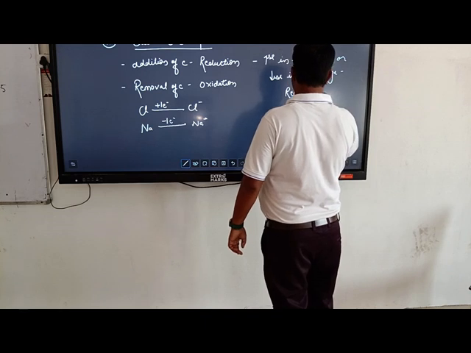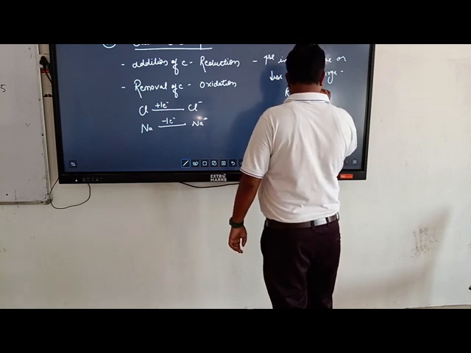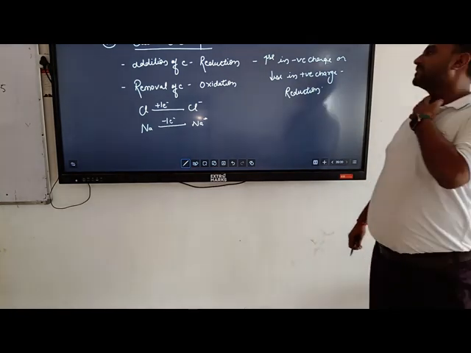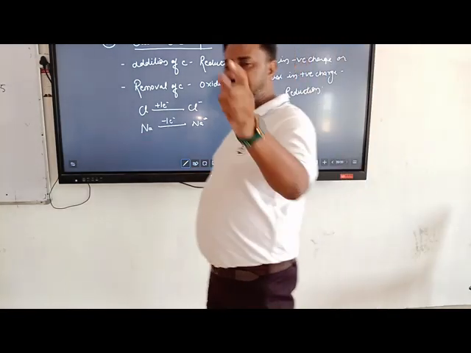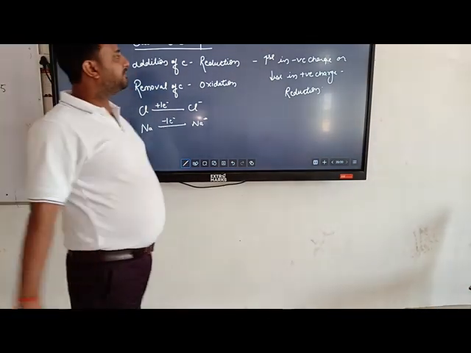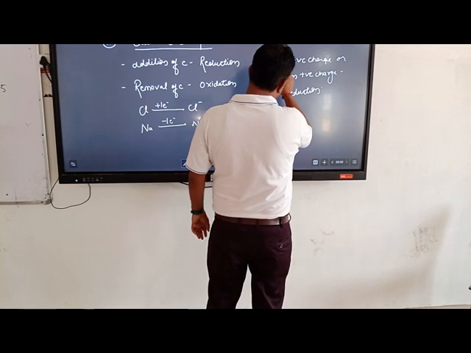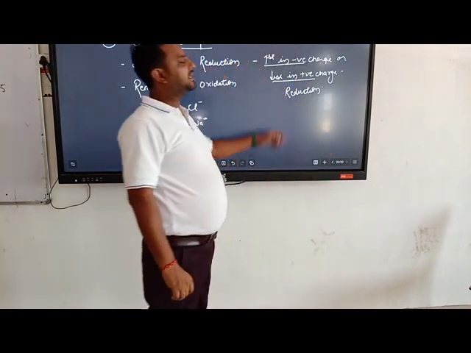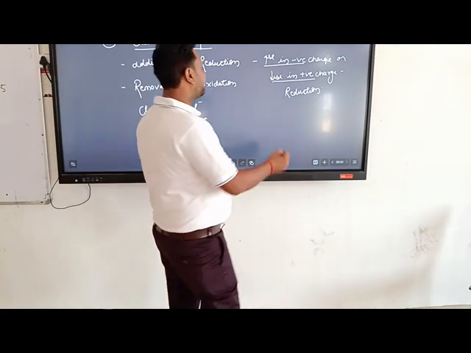Sometimes we have a sequence of reactions and the question asks which type of sequence this is. So we have to identify this with the help of charge. If in that sequence there is increase in negative charge or decrease in positive charge, that sequence is the reduction sequence.